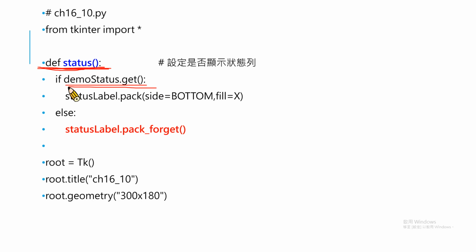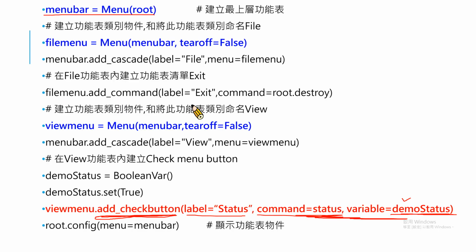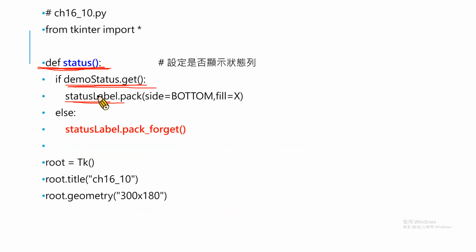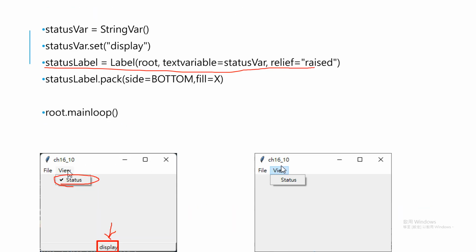If it is checked, then here status label means this label. So it means that we will show it, because we set the position of the label, so it will show the label and also its content.